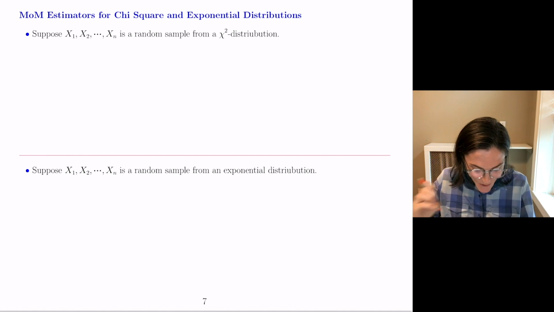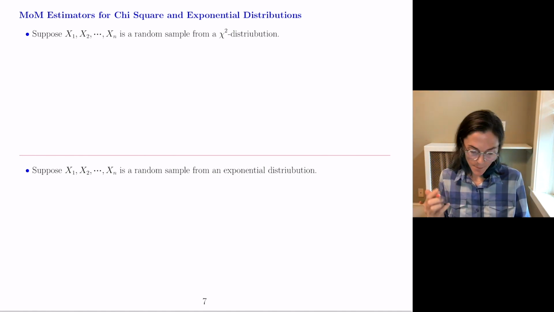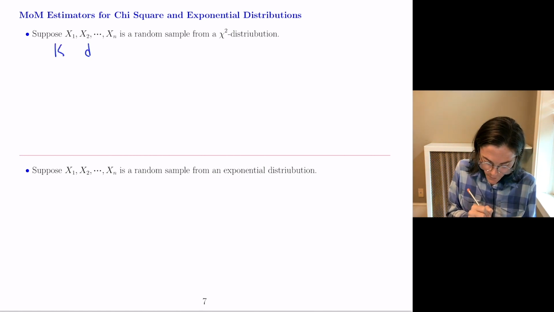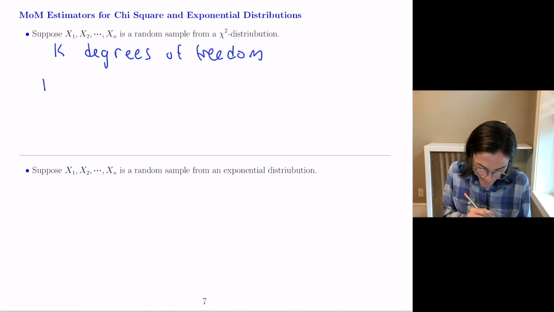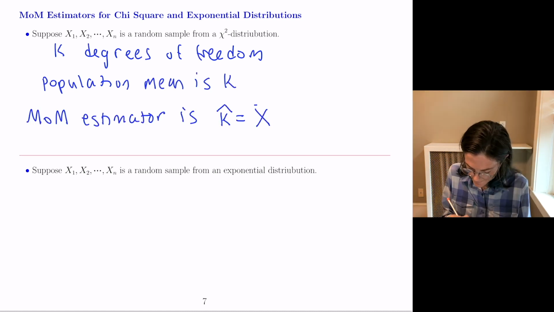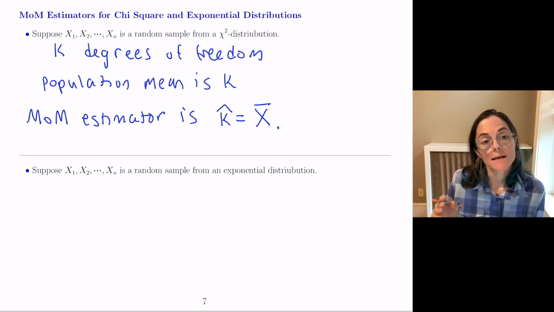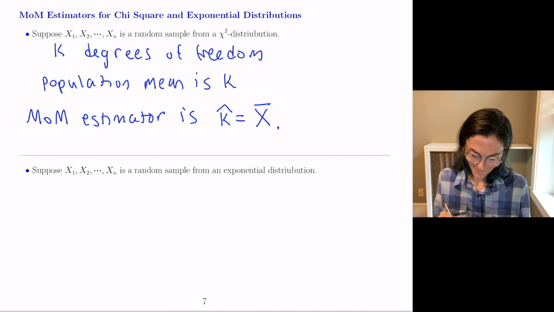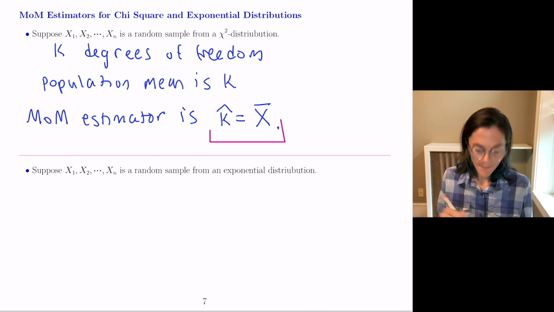So typically, if x1 through xn is a random sample for a chi-square distribution, here we have k degrees of freedom. This is our one parameter. Population mean is k. And so we use the sample mean, which is our first moment.